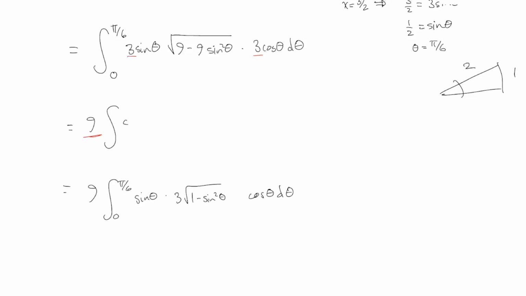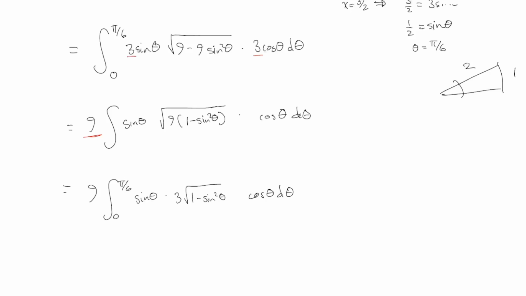And then the rest of it, I go sine theta, and then in here, factor 9 out, like this. Sorry, this 3 has been cared for already. And then, when I have square root of something times something, it makes the square root of the 9 times the square root of this. And that's where this 3 came from, the square root of the 9. Yeah. A lot of ins and outs there, all right?